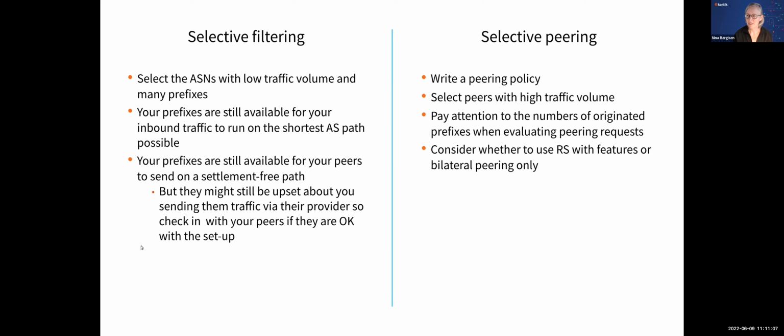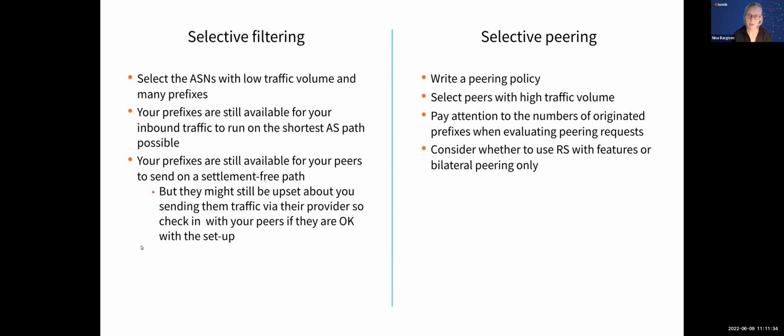We should only do this when there is very little traffic going in the direction that is affected by the filtering, which is, in this case, going from your network to them when you remove their prefixes from the calculation, because then you will be sending a small amount of traffic over their provider and onto a paid connection.